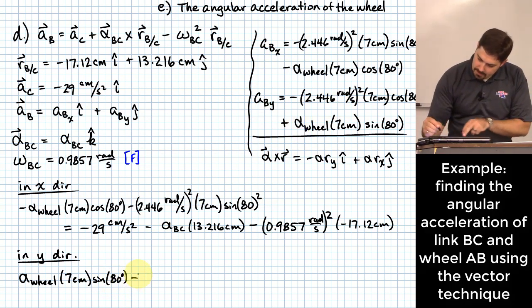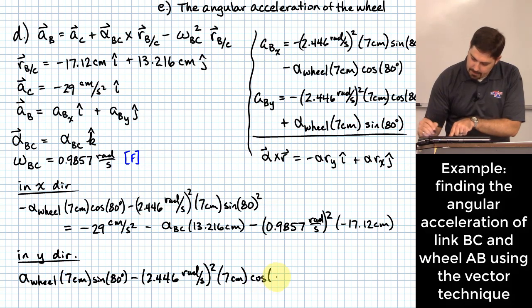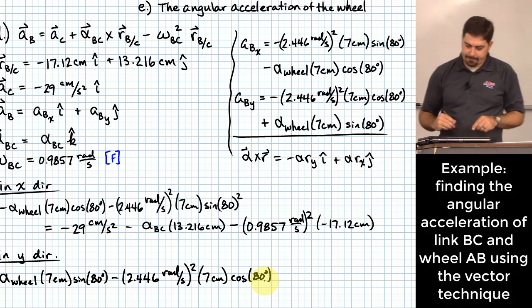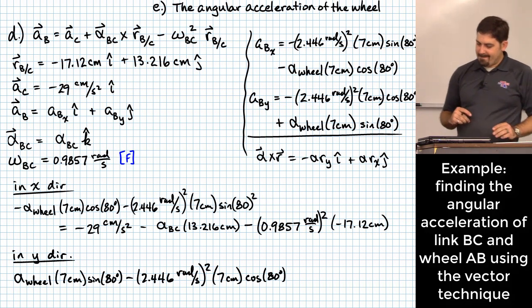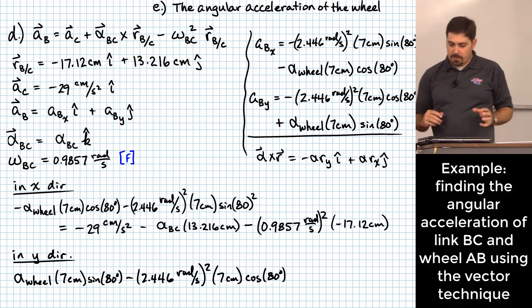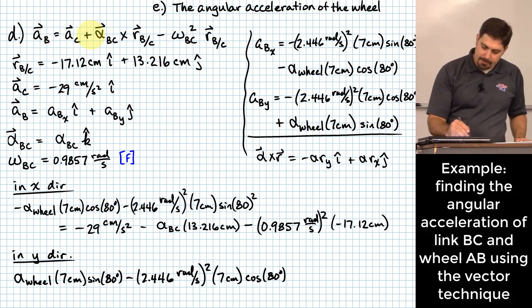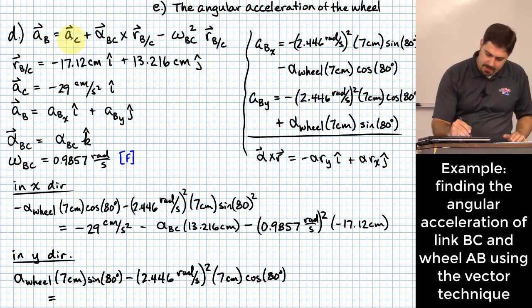Okay, minus 2.446 radians per second squared times 7 centimeters times the cosine of 80 degrees. All right, again, that's all that I've written up there is just ABY, which covers that very first term of this whole equation.